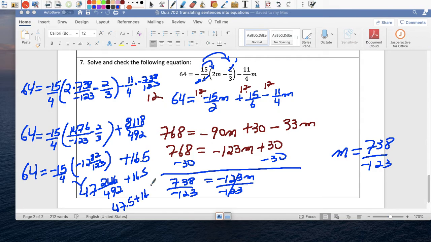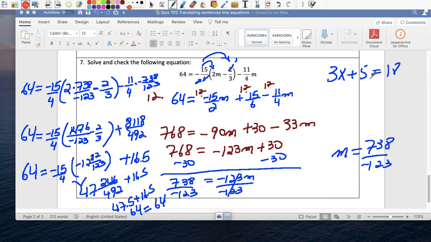Plus the 16.5, right? That equals 64. So that would be 16 plus 48, so that truly equals 64, which equals 64 on the other side. So your check is a little messy, but I would much rather you do these types of equations than something like this.